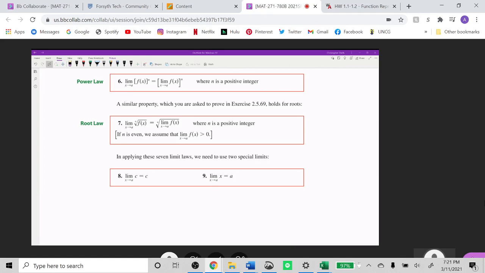Maybe that one was phrased poorly. If I have a function raised to a power and I want to find the limit as x approaches a, I can find the limit of that function not raised to a power and raise that limit to that exponent instead. Does that make sense?